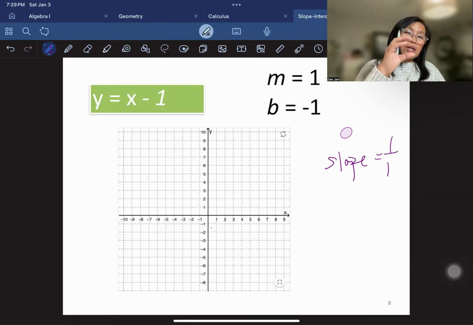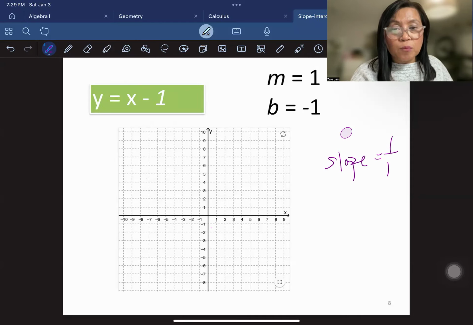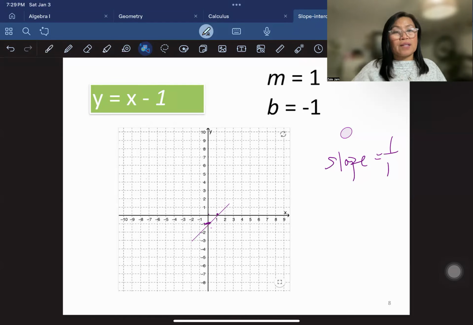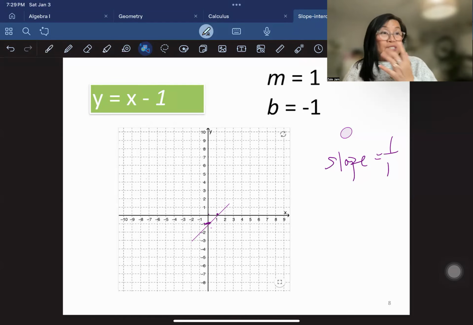So we have 1 point moving up and 1 point moving forward to the right. So starting with the y-intercept, which is equal to negative 1 right here, we move 1 point up and another point to the right. And then again, we connect these 2 points. We have that line y equals x minus 1.